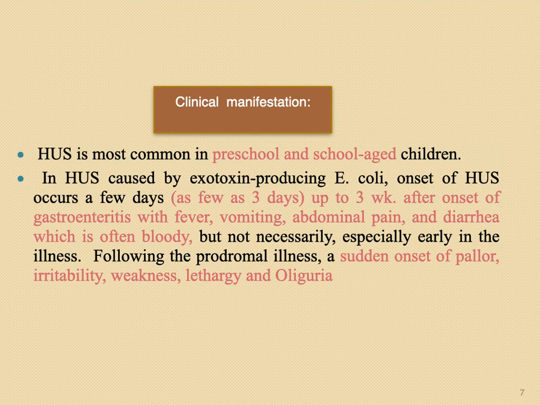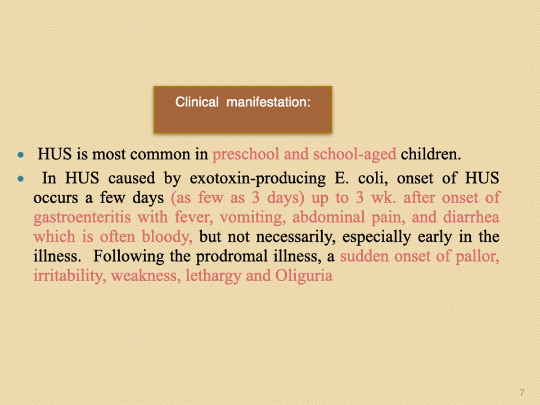Regarding the clinical manifestation of a patient with hemolytic uremic syndrome, the typical patient is usually a young child of preschool and school age. However, it can also occur in adolescents and adults. In hemolytic uremic syndrome caused by toxigenic E. coli, the onset of the disease usually occurs a few days after the onset of gastroenteritis.